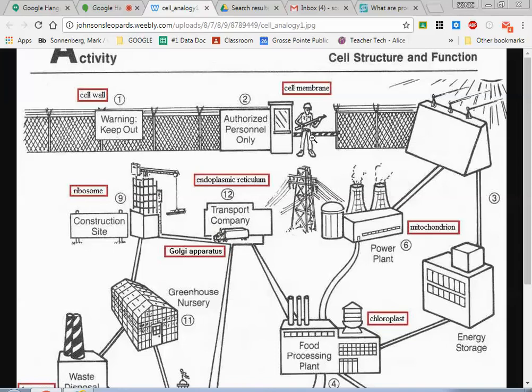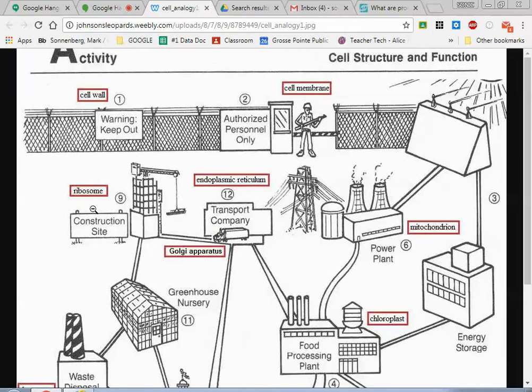Here you have the cell membrane, which is represented by the guard and the gate. In a cell, they are openings that allow things to come into and out of the cell. It's actually selectively permeable, which means that it allows some things in, some things out, and it chooses the way it's going to regulate those particles, much like the guard here would do with the front gate.